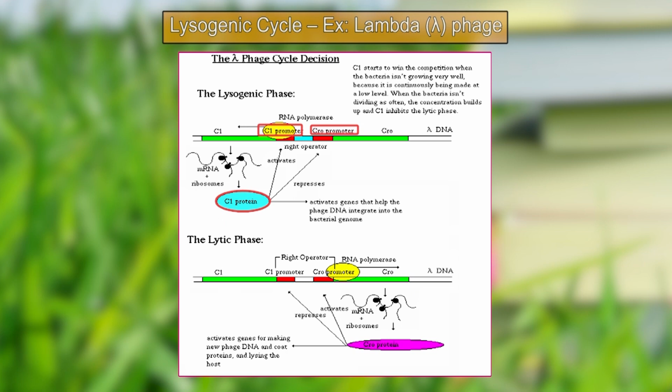But whenever the host is in adverse condition, the C1 protein accumulation will be inhibited by the CRO protein, because the CRO protein activates the CRO promoter and inactivates the C1 promoter, then the lytic phase will progress. So the decision making of lysogenic or lytic cycle depends on the condition of the host.